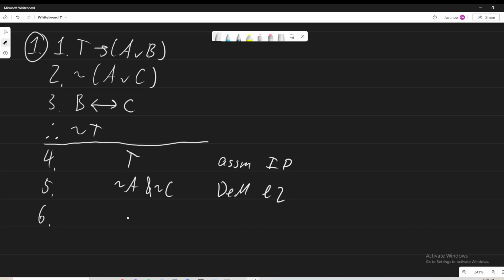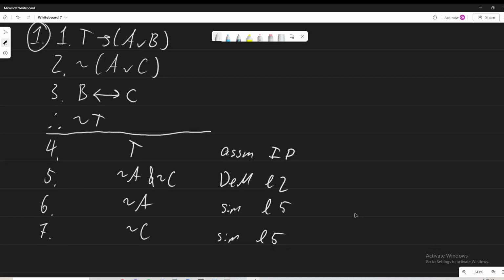So here in line 5, we have not A and not C. And this is a very easy opportunity for us to apply our simplification rule, right? Simplification lets us break down a conjunction into its constituent conjuncts. So I'm going to get not A on line 6 and not C on line 7. Both of those we're just simplifying from line 5. Now, additionally, that T we began by assuming is going to help us out as well.